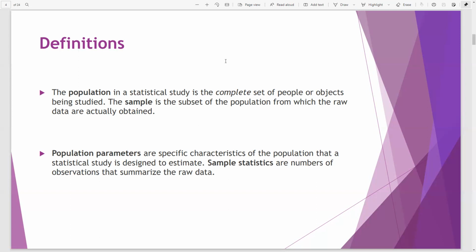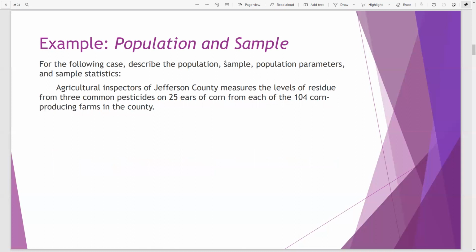The sample statistics are numbers of observations that summarize the raw data. The data collected from the sample and summarized is called sample statistics, which is usually a good estimator or representative of the population parameter. All right, so that's what it is.